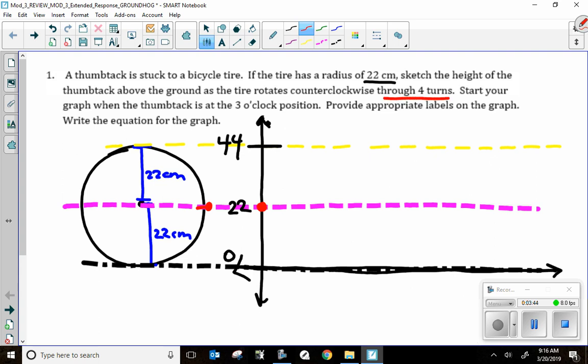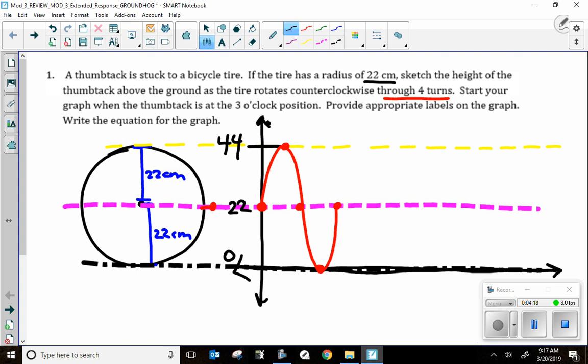So it starts at 22, goes up to 44, then comes back down to 22, and then my tack would come to 0, a height of 0 off the ground. Then it'll come right back to where it started at 22. This is 1 rotation, so I'm going to curve this, and that is absolutely a sine curve.